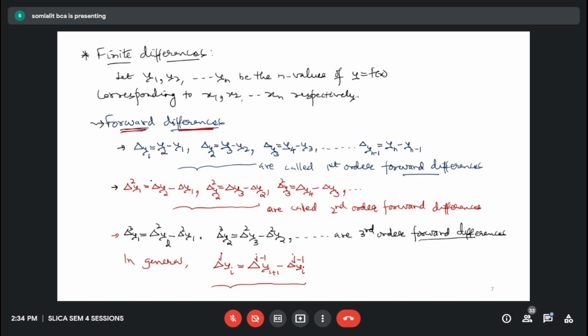Last one, that is yn minus y(n-1). But here it starts from 2. First is not there. There the first was there, look. So the way of presenting these differences is different from the previous one. So it is this reverse triangle. It starts from this. This is read as nabla y2. How do you read this? How do we read this?